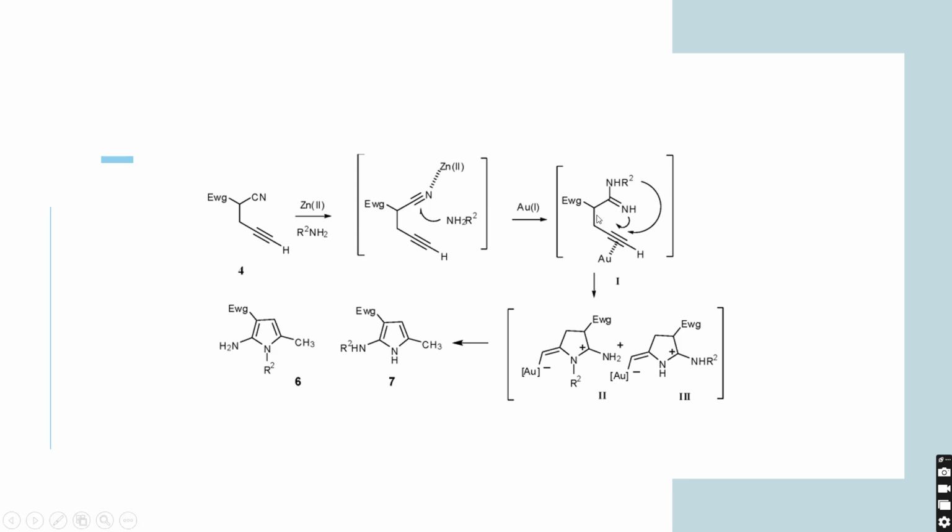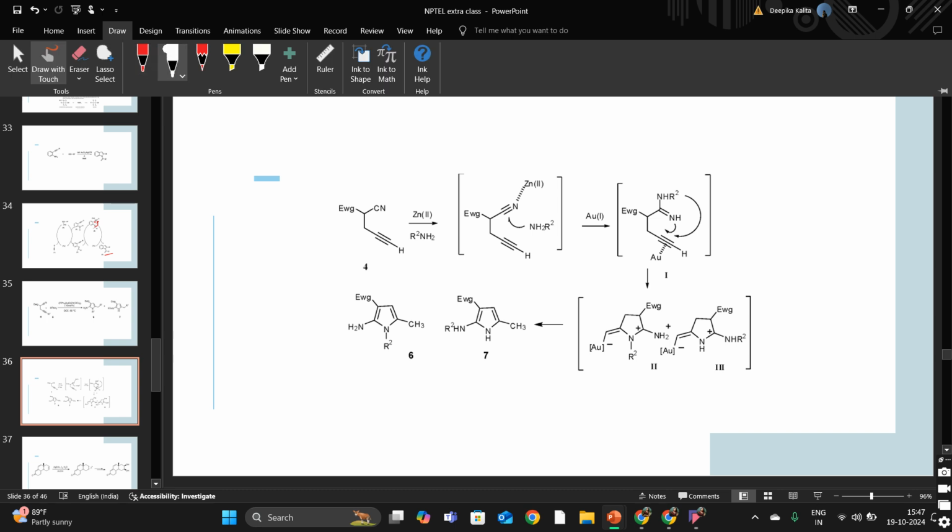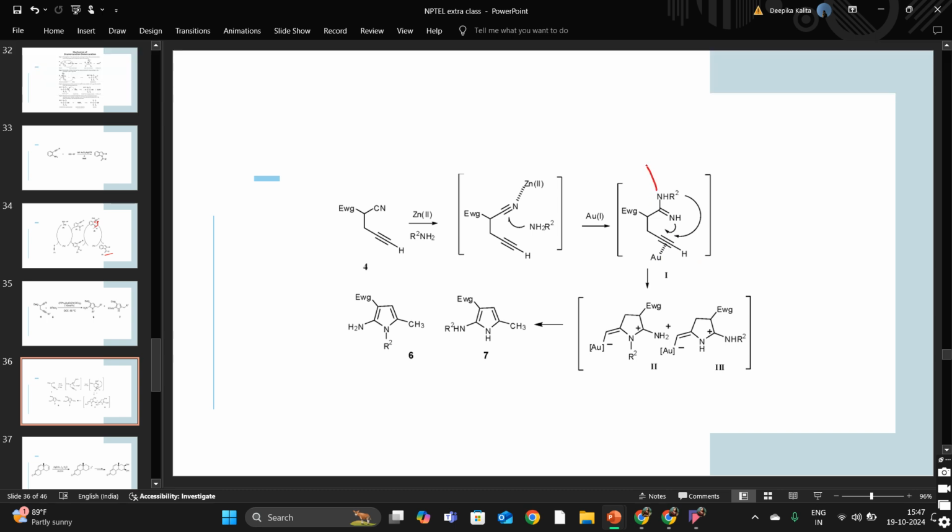Now, this enamine can easily attack at the gold activated alkyne to give us intramolecular cyclization. So if you look at the enamine, we have two possibilities of attacking the alkyne, either from this nitrogen atom or from this nitrogen atom of the enamine.